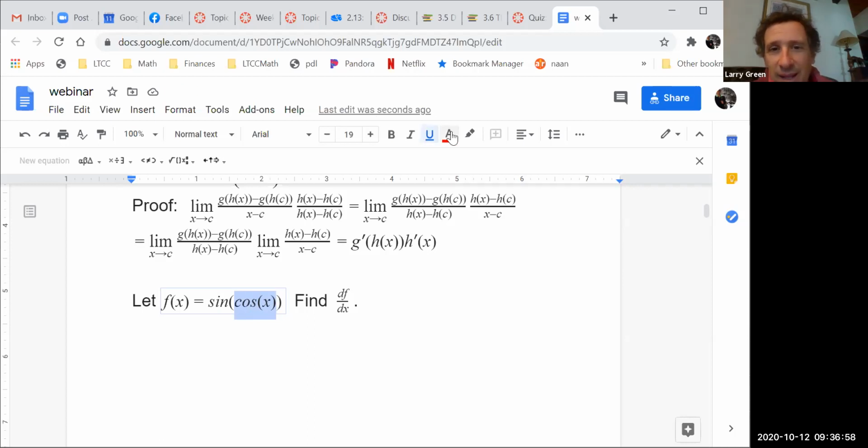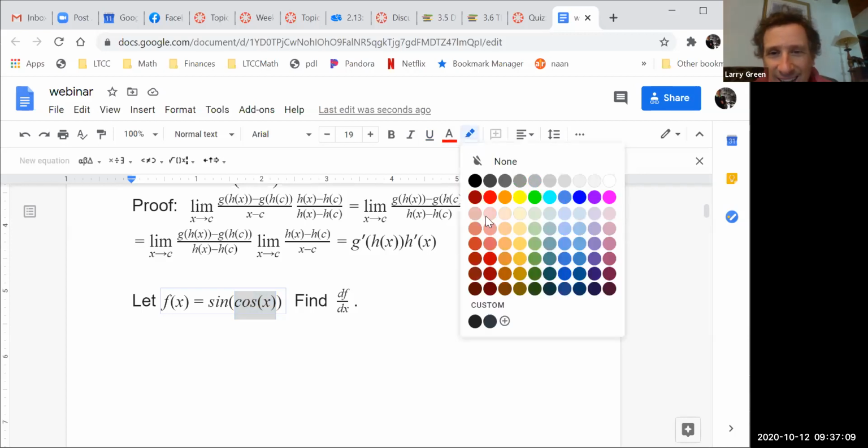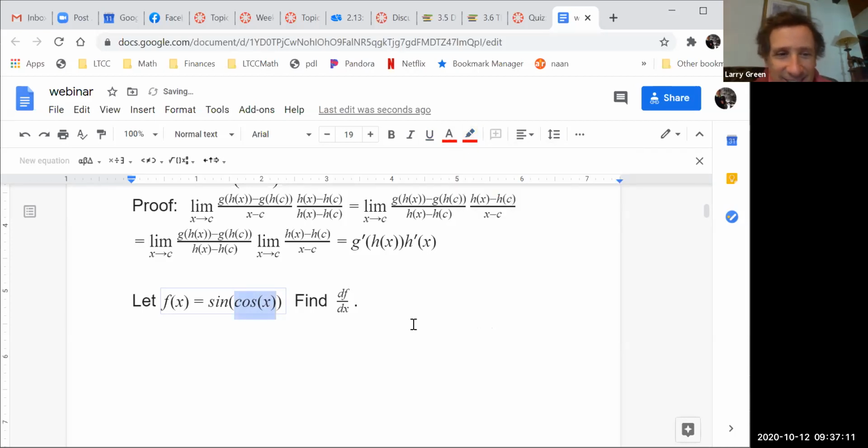It's not letting me make it red. How about underline? Okay, so sorry, that didn't work. Well, pretend I did. Okay, so the idea here is we have the inside, and I like to take the derivative of the inside first. And the derivative of the inside, what's the derivative of the cosine of x?